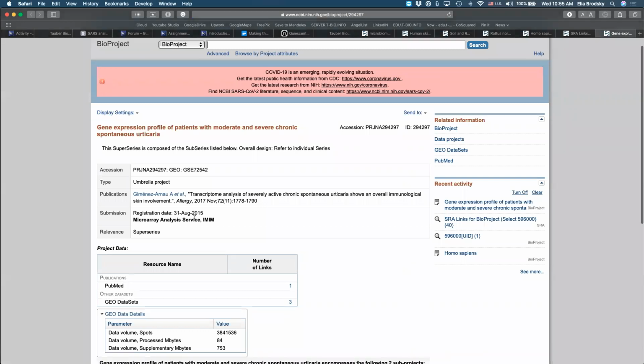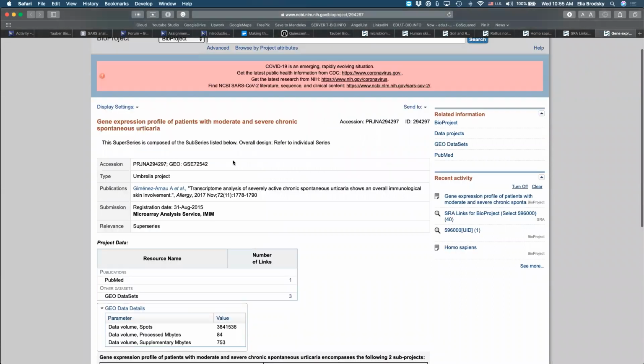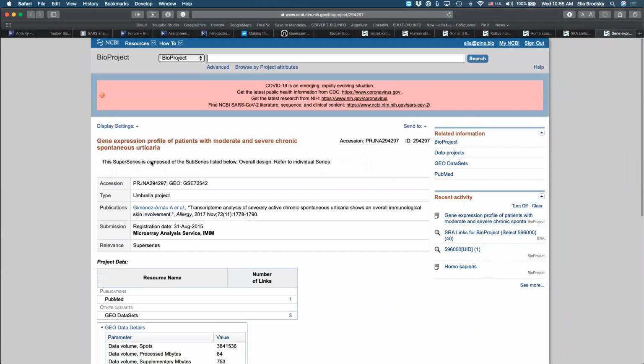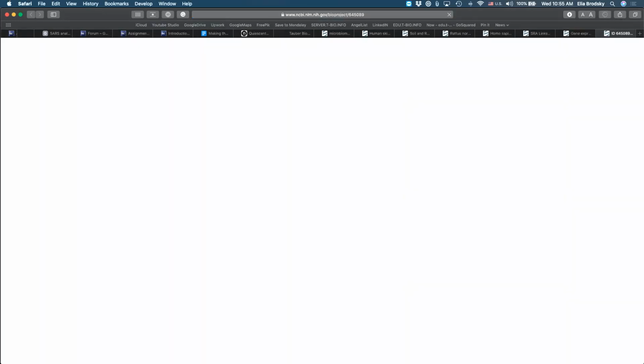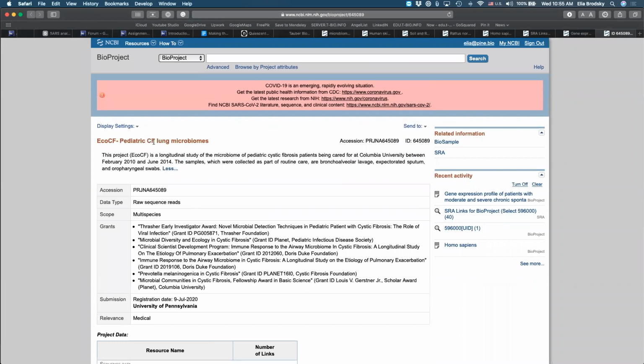Okay, microarray already tells us that this is probably transcriptome analysis. Yeah. So let's, okay, Sanjali, let's see. Pediatric CF lung microbiomes. Okay, so whenever you have abbreviations, it's always better to actually spell them out. What does this mean? This project, ECHO-CF, is a longitudinal study of the microbiome of pediatric cystic fibrosis.